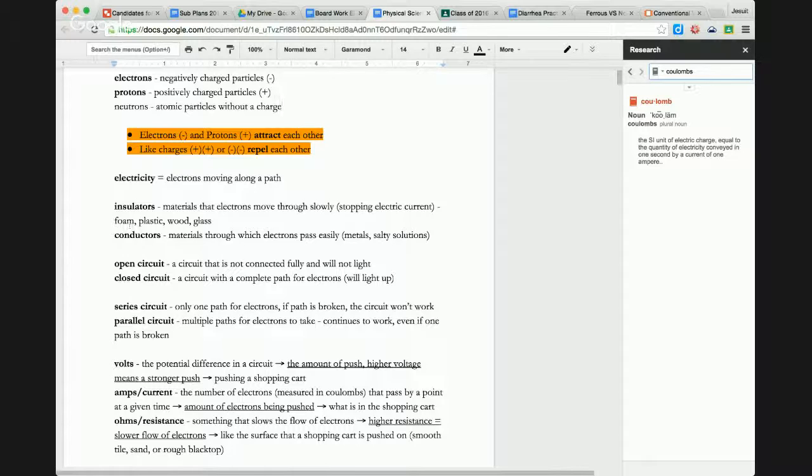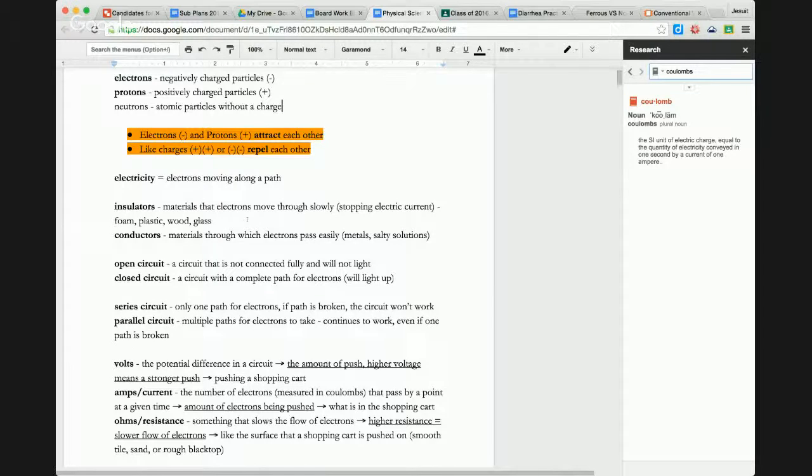Things like foam, plastic, wood, and glass really slow down the flow of electrons to the point where they can't keep an electric current going. That's the same thing we saw with our various ovens and coolers that we made. The same materials that insulate against the movement of heat also insulate against the flow of electrons.